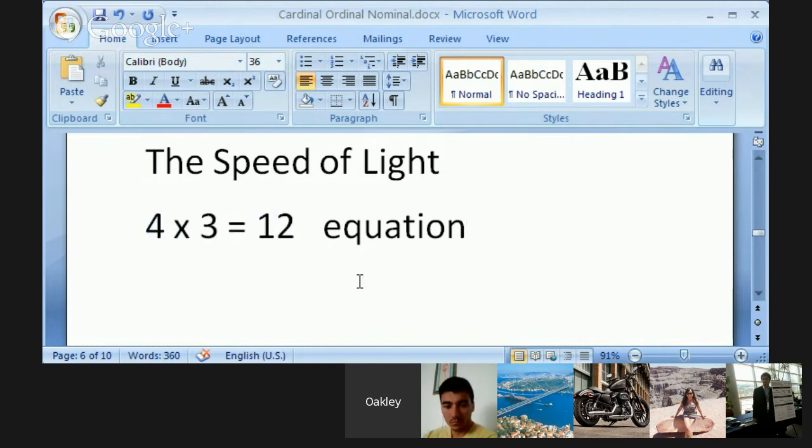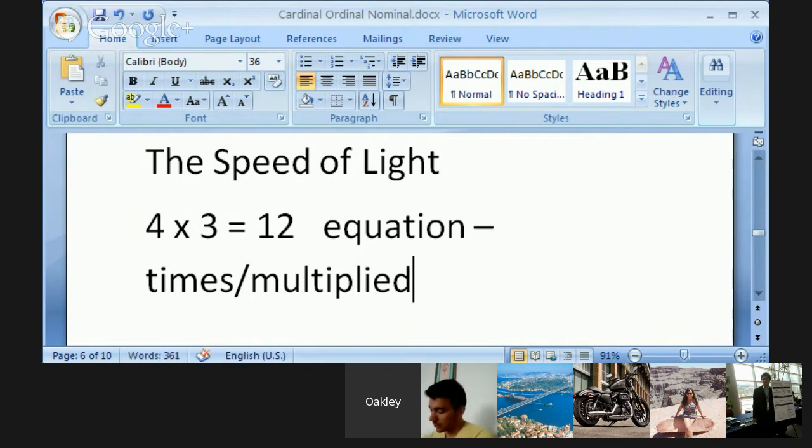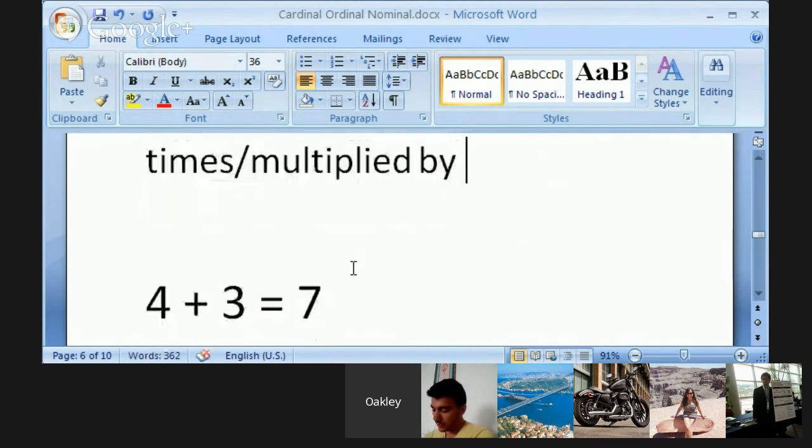I can say 4 times, or I can say 4 multiplied by. Times or multiplied by. 4 multiplied by 3 is 12. Okay. Right. All right.